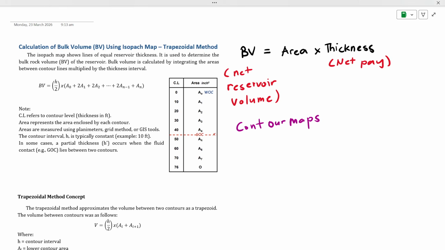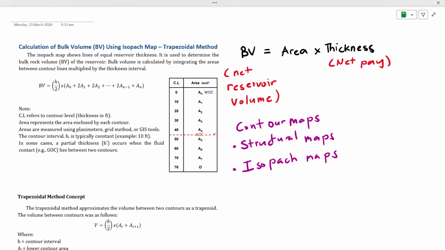Contour maps such as structural maps and isopach maps.